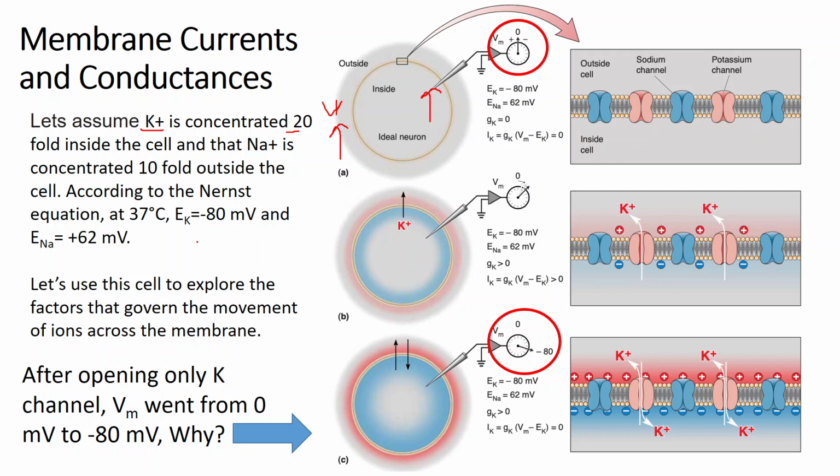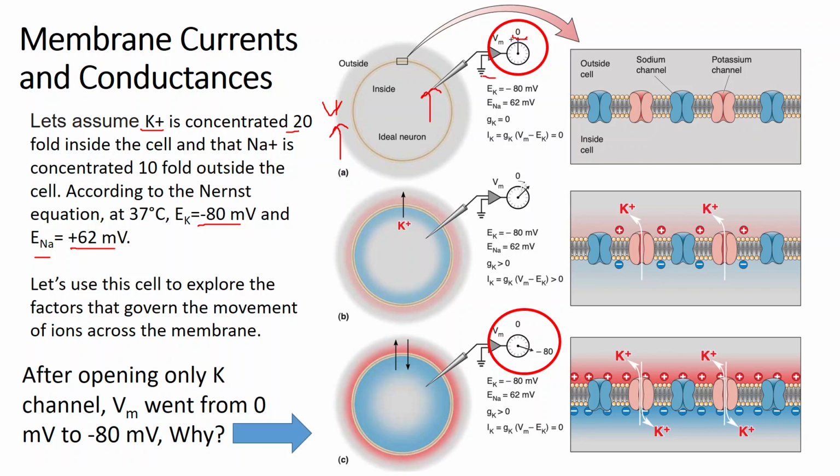Now, let's take these hypothetical numbers: the equilibrium potential for potassium is negative 80 millivolts, and the equilibrium potential for sodium is positive 62 millivolts. We are good, right? And the membrane potential in this cell is 0 millivolts.